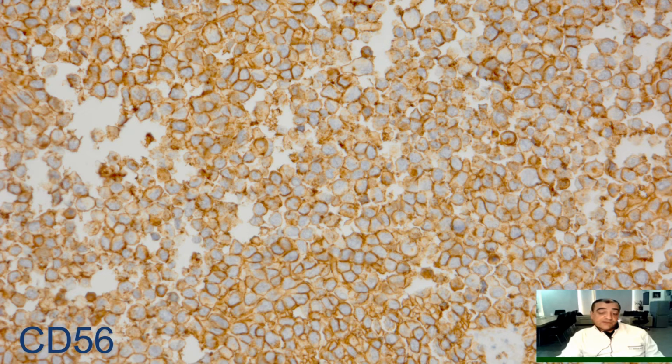But the pathologist must recognize and rule out at least two diagnostic entities, namely Ewing sarcoma, because we have positive CD99, and neuroblastoma, because we have very nice and intensive CD56 membranous staining in all tumor cells.